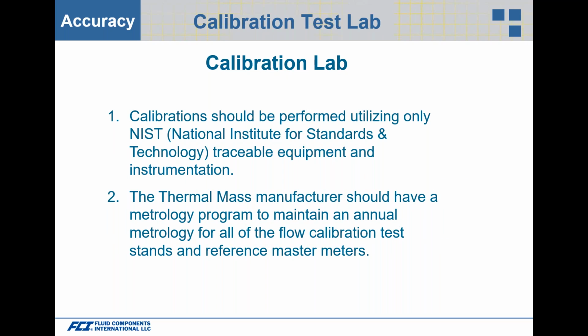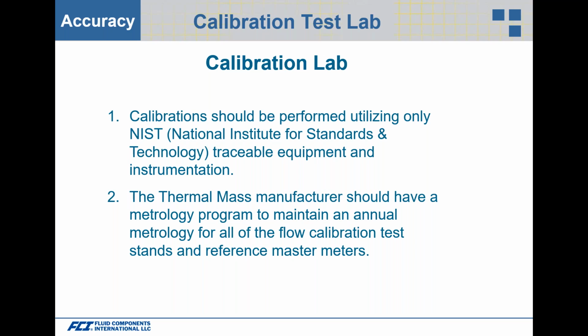They should also maintain a metrology program, meaning that they have annual service and verification on their primary meters that are used to calibrate their meters, meaning that if FCI is using a turbine meter to calibrate thermal mass flow meters, every year we send that back to a NIST approved agency and have them verify and recalibrate that turbine meter, that master meter. It's very critical that a metrology program is maintained.